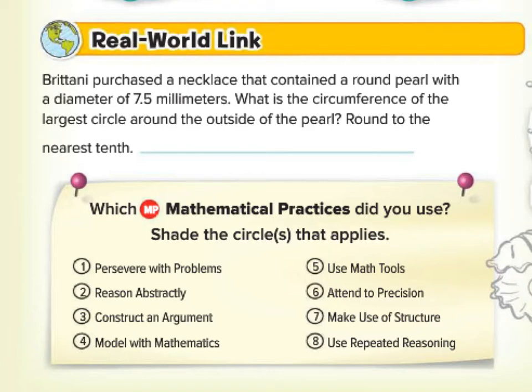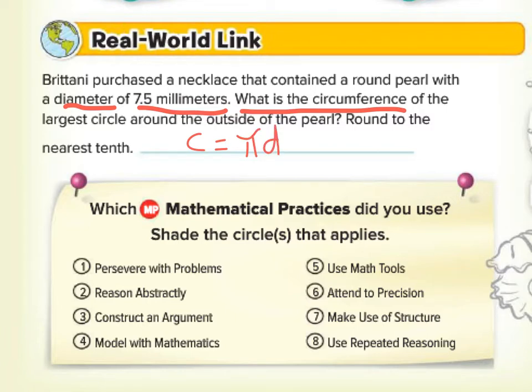In order to solve this, we have to think back to what the formula for circumference is, because that's what they're asking us. What is the circumference? And they're giving us a diameter, right? A diameter of 7.5 millimeters. So let's use the equation. Circumference is equal to the diameter times pi, or pi times the diameter, right?